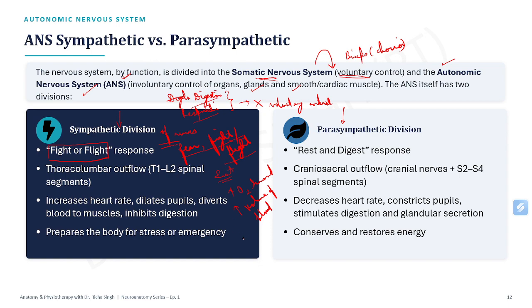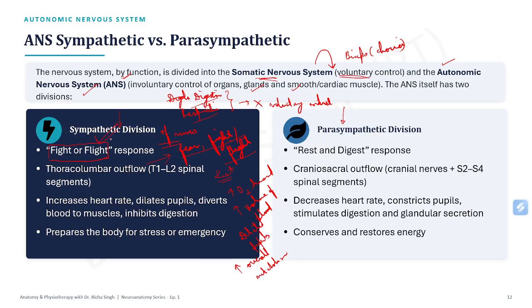You may also need dilated pupils because you want to see around the places where you are running. Or you may also need more blood to increase your overall metabolism. So, this particular response is taken care of by the sympathetic division of your nerves.